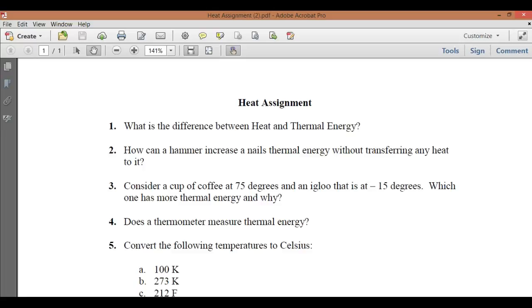What is weight dependent on? Let me give you a hint. If you were to go to the moon, would you have the same weight? Gravity. No. You would have the same mass, but if you went to the moon, you would not have the same weight.